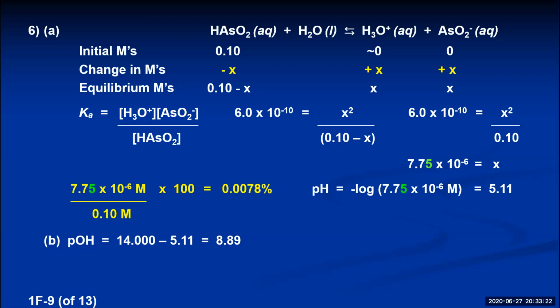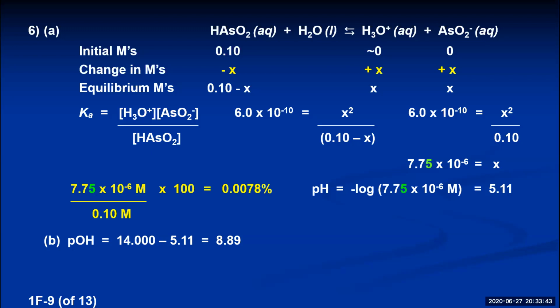Number 7. A 0.10 molar solution of trichloroacetic acid is 1.3% ionized. A, calculate the Ka for the acid. The Ka is the ratio of the molarity of the products to the molarity of the reactants at equilibrium. So we have to know the equilibrium molarities of all the components in the solution.